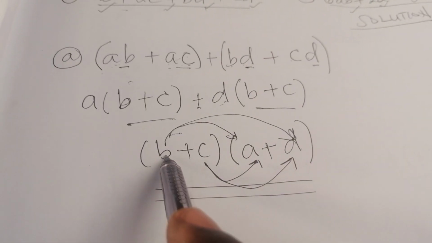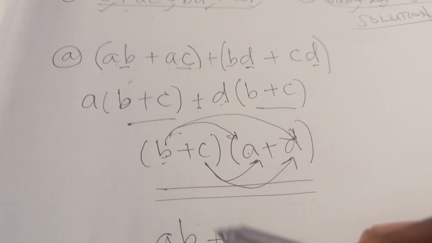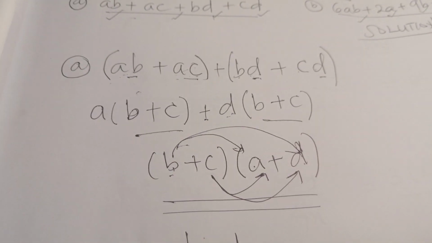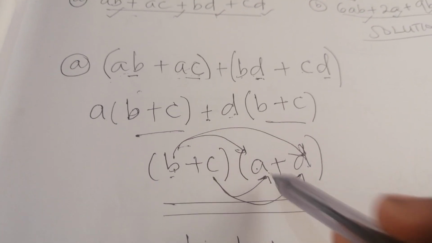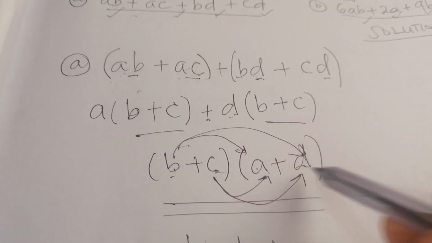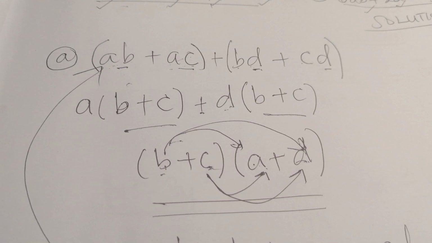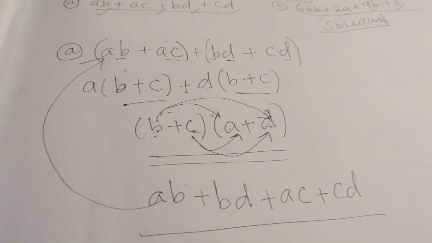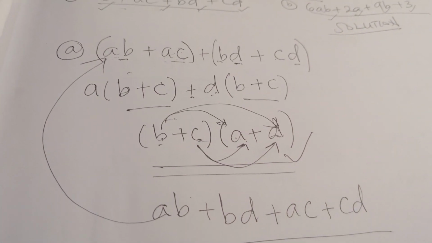So by expansion, B multiplying A gives AB, plus B multiplying D gives BD, plus C multiplying A gives us AC, plus C multiplying D gives us CD. So when you compare to the original question, we can see that we have the same thing there. So this makes our answer correct.